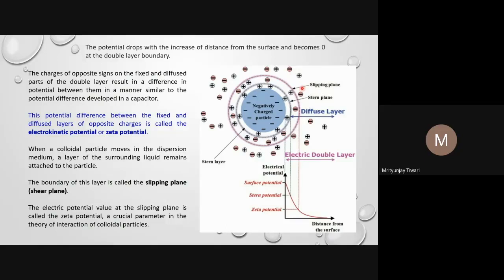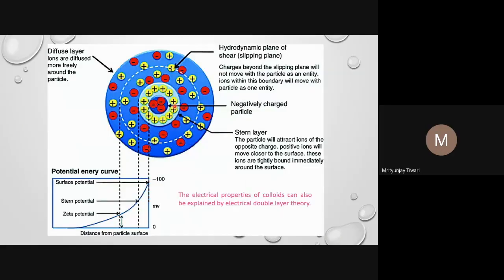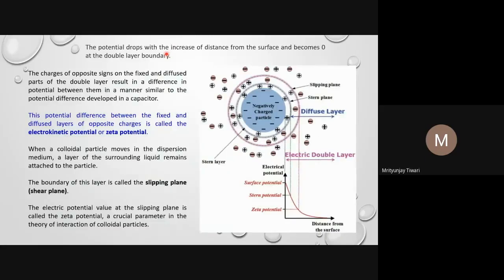So they will have opposite charges, and there will be an electrokinetic potential, and this potential is called the electrokinetic potential or zeta potential. These things we have already seen. One can see this figure again in this case.